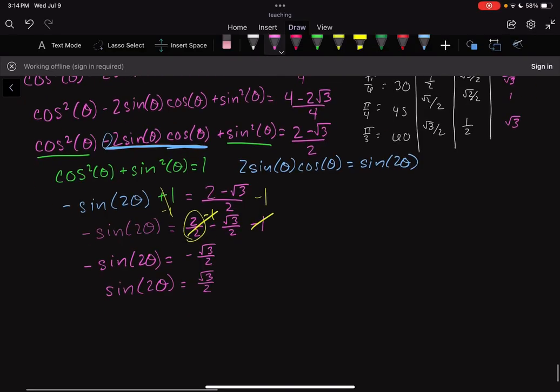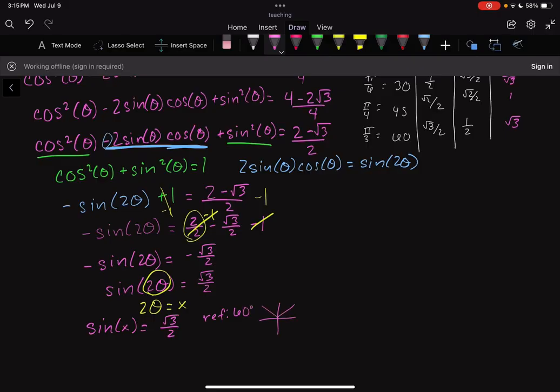All right, so now we're dealing with something that looks more like a 4.3 problem. So I'm going to replace 2 theta with x. Then I have sine x equals square root 3 over 2. This is not too bad to solve. Sine is equal to square root 3 over 2 at a reference of 60 degrees.